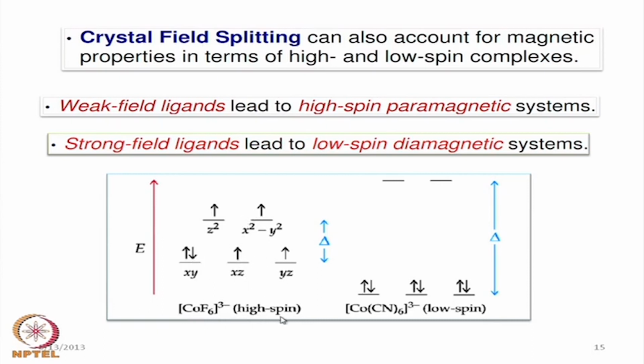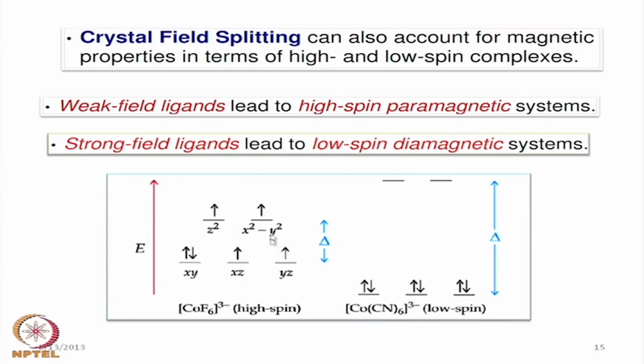In one case we have the high spin situation, the only known example of cobalt 3 where the corresponding stabilization is much more if we get the paired up situation in the hexacyanocobaltate(III) ion, which is low spin, where all the 6 electrons will be in the t2g set.